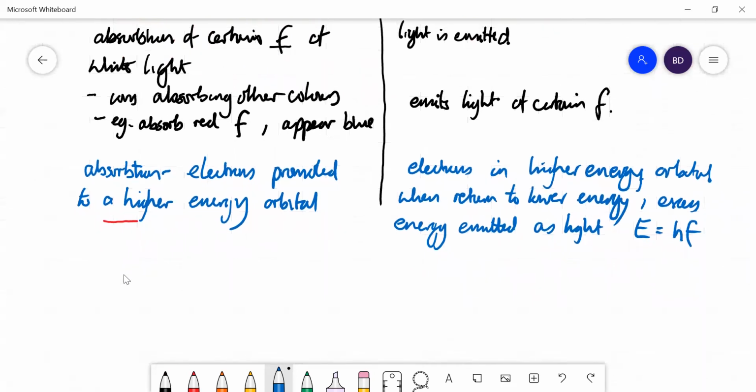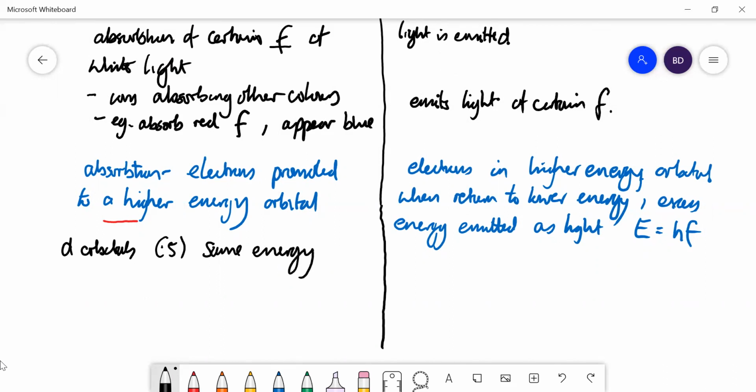Now we need to talk about, that's probably a large chunk of the marks, what in the complex are the energy orbitals between which electrons are promoted from a lower energy orbital to a higher one. The electrons are promoted from one d orbital to another, but we need to say that the d orbitals are the same energy. There are 5 of them, all the same energy.